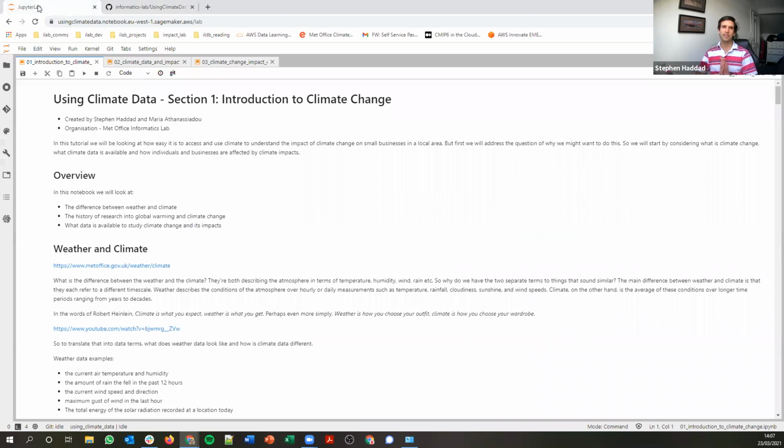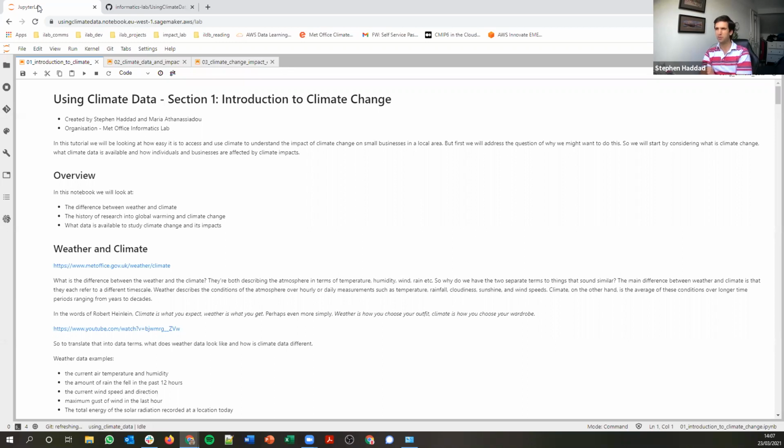So let's get started. What are we going to be talking about? In this tutorial, we're going to be done in 3 sections. The first section will introduce climate change and climate data sets. In part 2, we'll think a bit about climate impacts, how climate change impacts individuals and businesses.